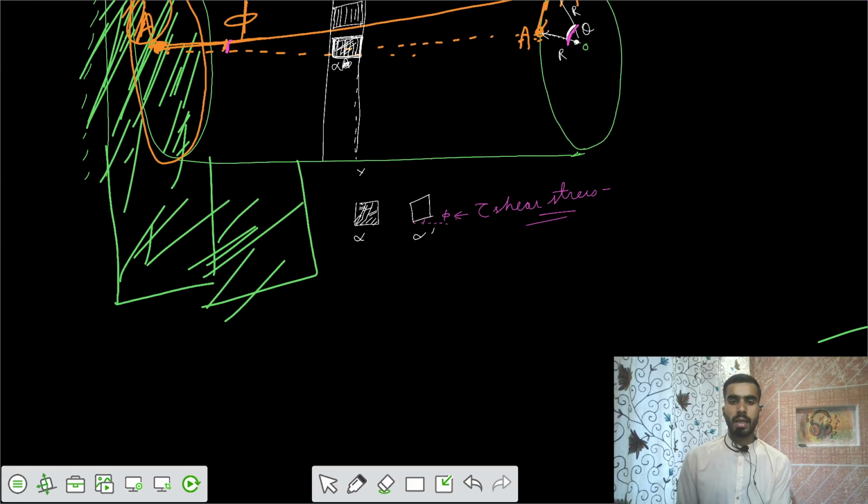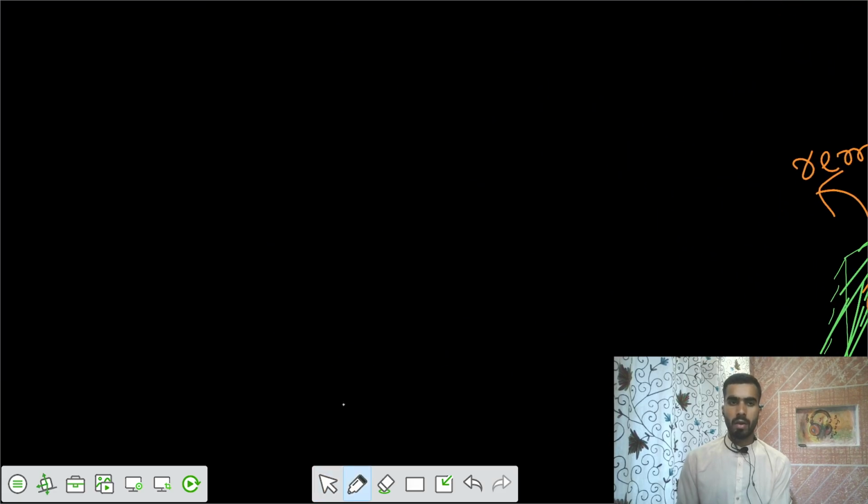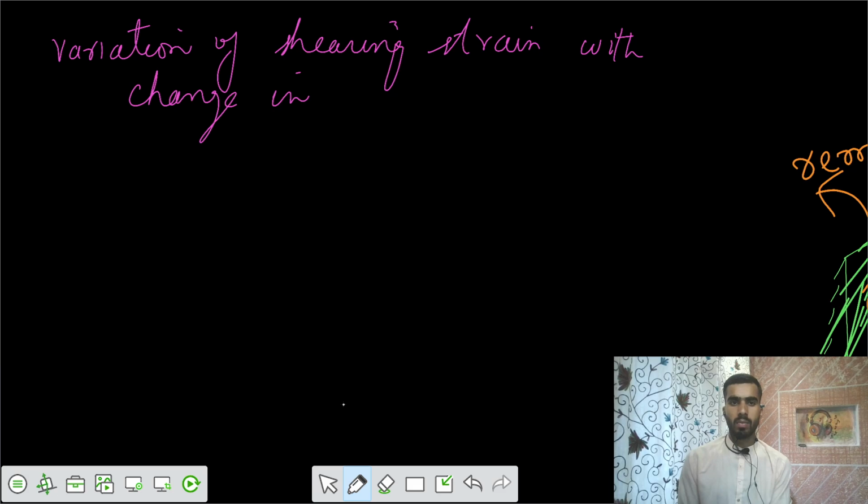So now we want to find the influence, or the variation, of your shearing strain with the change in r.